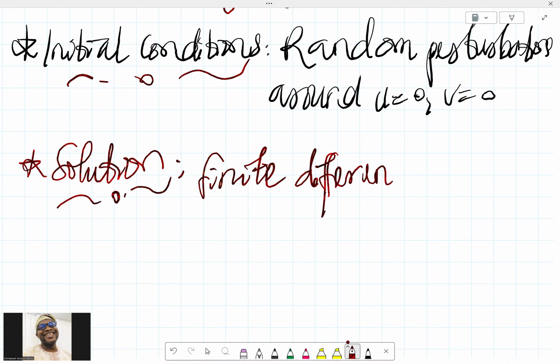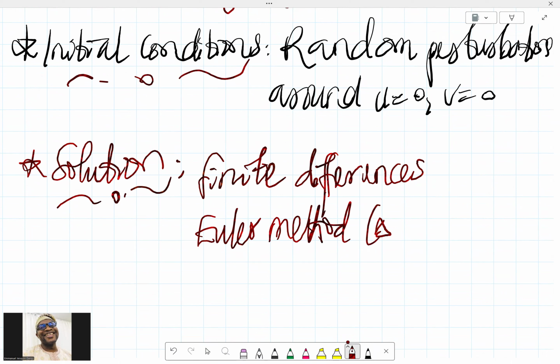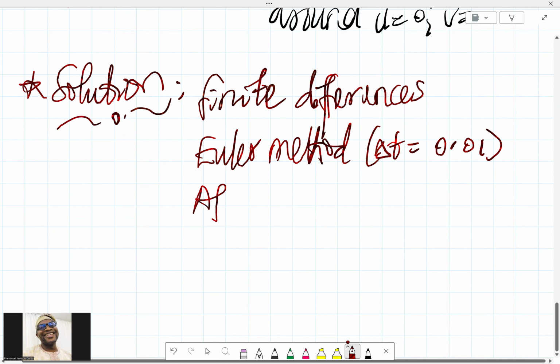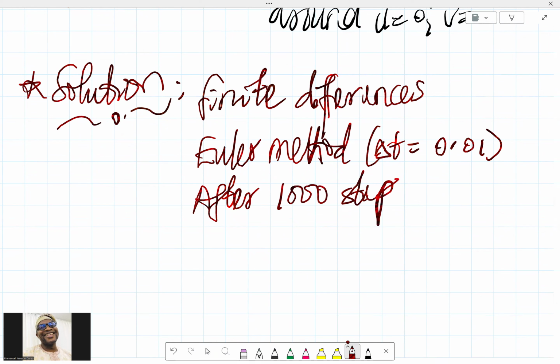I'm going to put those videos at the end of this playlist, talking about numerical solutions. With finite differences, we can use the Euler method with delta T equals 0.01. Then you'll see that after 1,000 steps, spiral waves form.